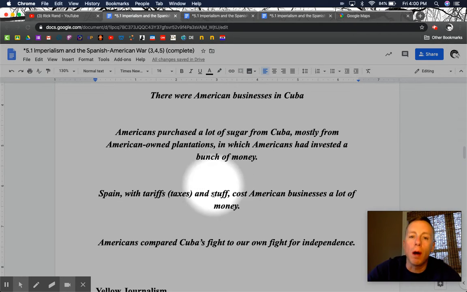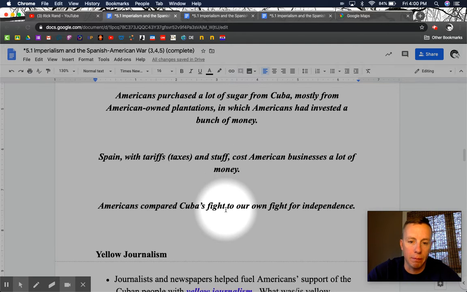But the other thing, and I wasn't alive at the time, but I would think it was a pretty big reason, is because Americans, remember, it had been just over like 100 years since we had gained our independence. We look at it now as forever ago, 250 years ago. But remember, we're talking 120 years ago from now.